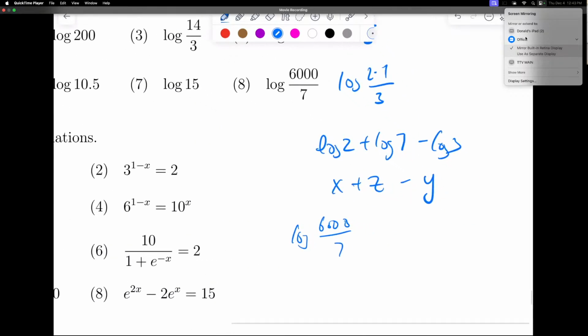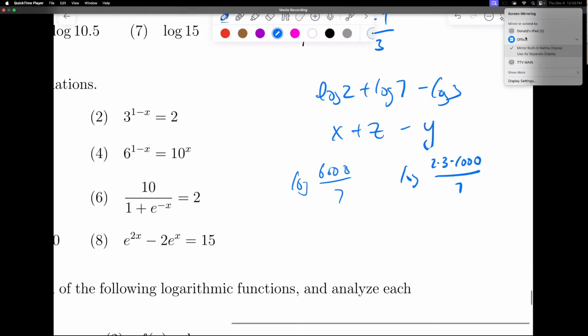So it's basically log of 2 times 3 times 1,000, would you say, over 7, would you say? Because 2 times 3 is what we know. 1,000, yeah, we're gonna talk about that in a second. So therefore you're gonna have a log of 2 plus log of 3, right? Plus log of 1,000 minus log of 7. Is that okay? Yes.